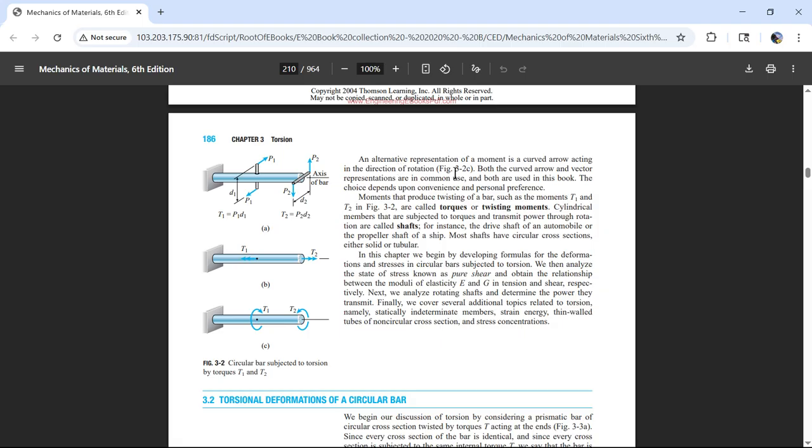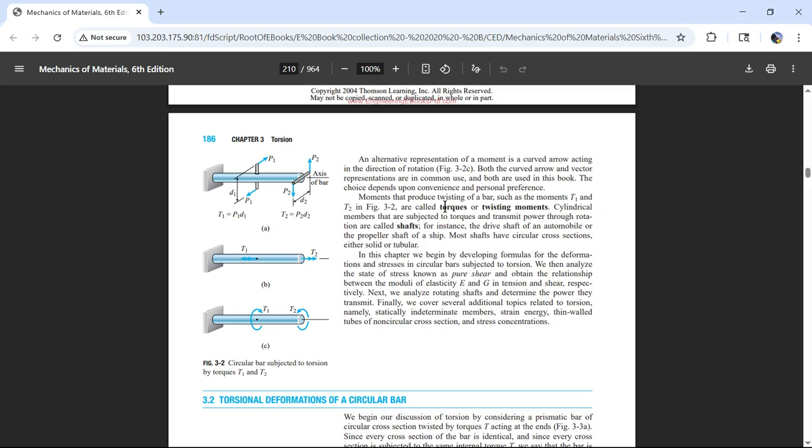An alternative representation of a moment is a curved arrow. So down here is a curved arrow acting in the direction of rotation. Both the curved arrow and vector representations are in common use, and both are used in this book. The choice depends on convenience and personal preference.